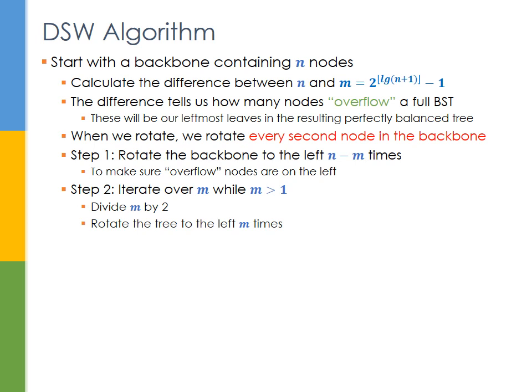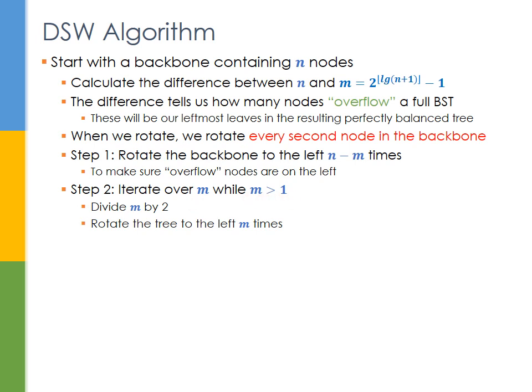So once we've completed step 1, we've dealt with all of our overflow nodes, and now we need to construct our full binary search tree, which is the largest possible full binary search tree we can create given our particular value of n that we're dealing with here. So what we do is iterate over m, and we continue doing this while m is greater than 1.